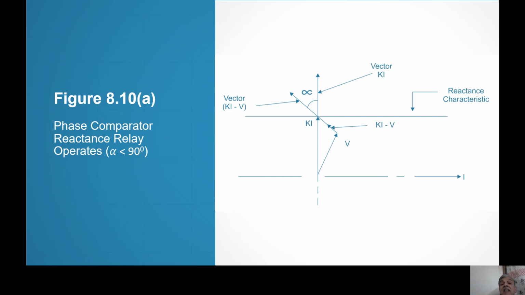Ki minus V and Ki. I'm seeing the operate condition. V is below the characteristic. So Ki, V, and the third line is Ki minus V, a triangle. So direction: V plus Ki minus V. Try it. Write down in your notebook if you have got the notebook open with you. I'm speaking slowly.